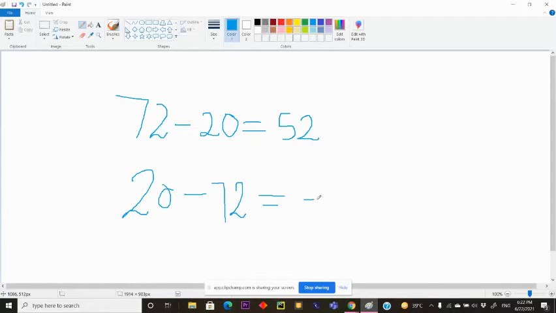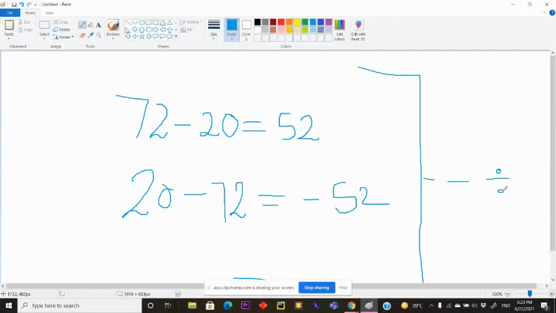The answer would be minus 52, which is not a whole number. The minus numbers are integers. So minus 52 or minus anything, minus 1, minus 2, minus 3, minus to infinite, is not a whole number. So the closure property does not apply to subtraction.